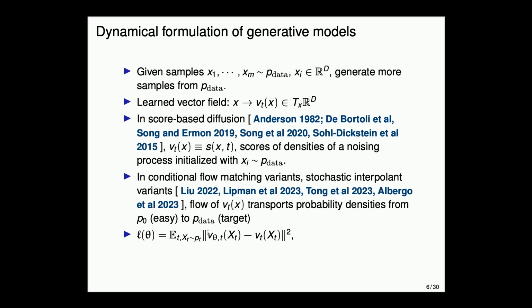The different loss functions used in various generative models are equivalent ways of representing this, where V theta is a neural network representation of some underlying vector field Vt, and we want to make them as close as possible while satisfying, if it is a deterministic model, a continuity equation. If it is a stochastic generative model, then satisfying some Fokker-Planck equation, which is such that at some finite time tau, you get samples from the target distribution. Yeah. So, this is just the basic setup of pretty much many different generative models.